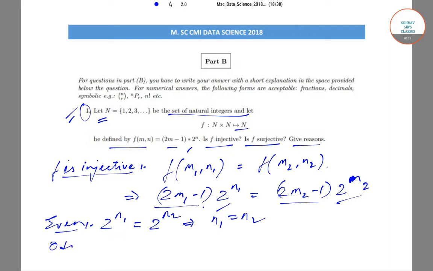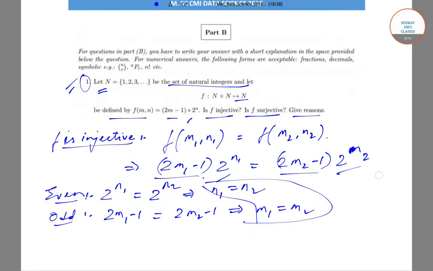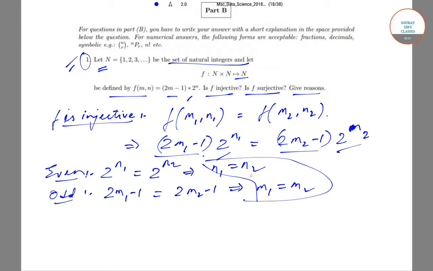And for the odd part we'll have 2 m1 minus 1 equal to 2 m2 minus 1, and this will give us that m1 will be equal to m2. So this is the structure over here. That implies that if n1 is equal to n2 and m1 is equal to m2, in that case f is injective. Now we'll go on to the case where f is surjective.